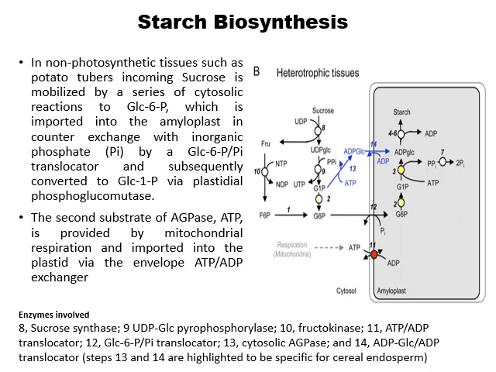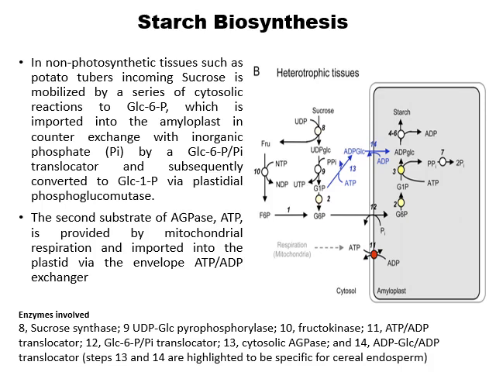This chain of events happens in potato tubers, but in the case of cereals, what is seen is that UDP glucose is converted into glucose 1-phosphate, and outside the amyloplast itself, in the cytoplasm itself, ATP is used to form ADP glucose from glucose 1-phosphate, releasing inorganic phosphates inside the cytoplasm itself.